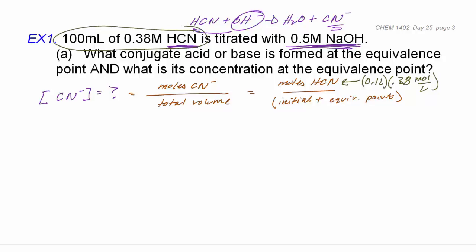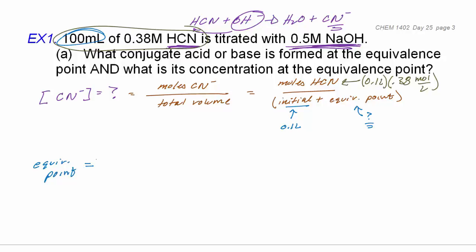My initial volume was 100 mils, so 0.1 liters. The equivalence point is really where all the work comes in. So let's get that. And let's stop at liters this time.